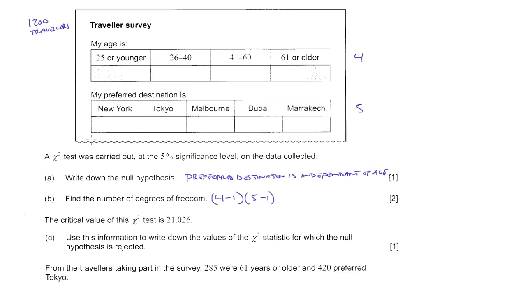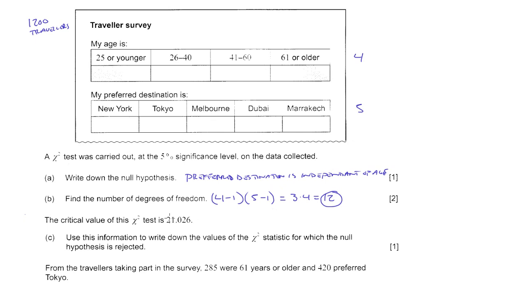So it's 4 by 5, which gives 3 times 4, so our degrees of freedom would be 12.